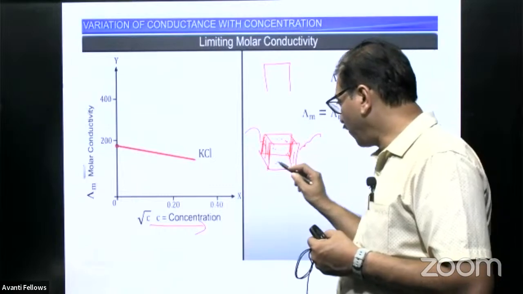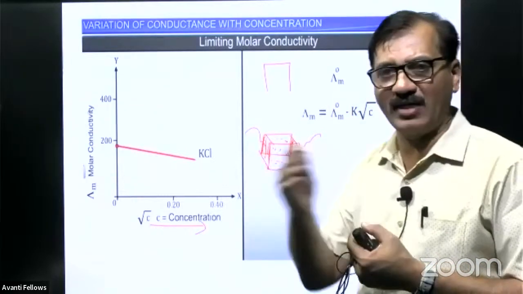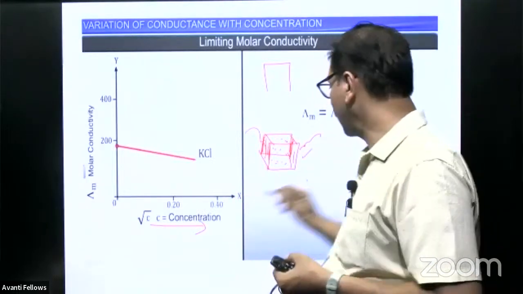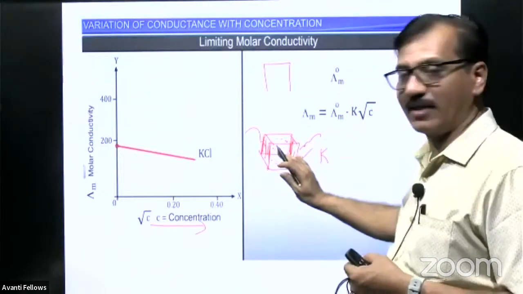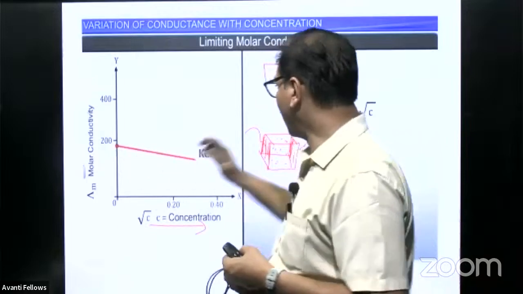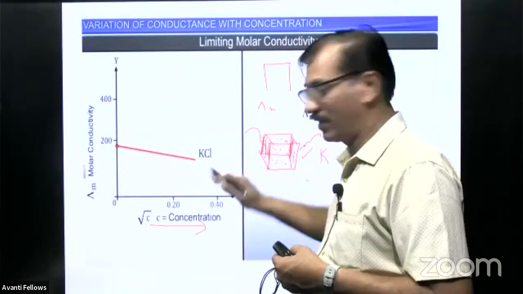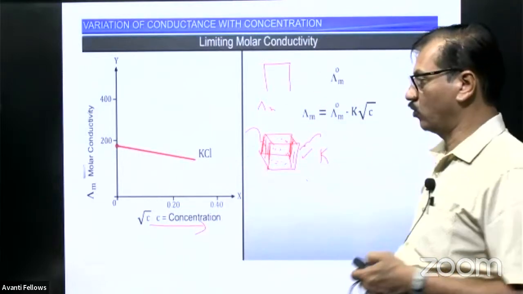If the number of ions here increases, concentration increases, therefore conductivity value also increases. That is the case for kappa. Kappa increases with increase in concentration, but molar conductivity lambda m decreases on increasing concentration. This is the important thing to be known.